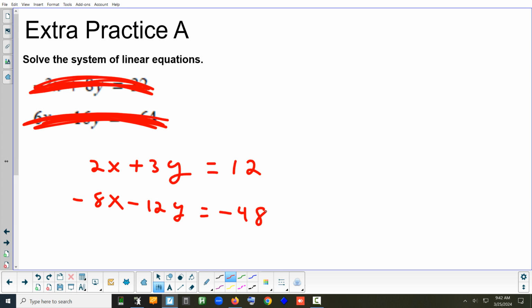Okay, so let's solve it. Is this one set up for graphing? No, you could graph it, but it doesn't have y equals mx plus b, so that's a lot of extra work. Is it set up for substitution?